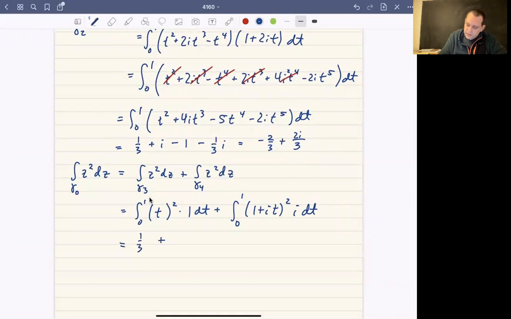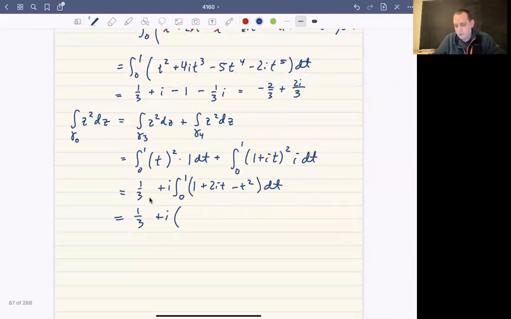The second quantity, let's see, if we square 1 plus it, and we can bring the i out if we like, we're going to end up with 1 plus 2it minus t squared dt. So this is going to end up being 1/3 plus i times, let's see, if we integrate 1 from 0 to 1, that's 1. Integrate 2it squared from 0 to 1, that's going to be just i, so plus i, because it's 2i over 2.